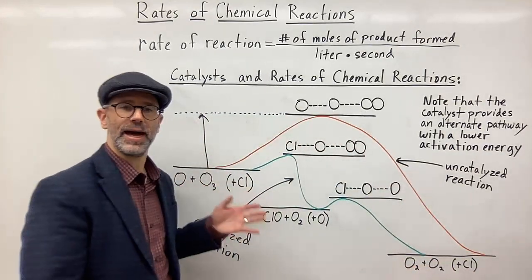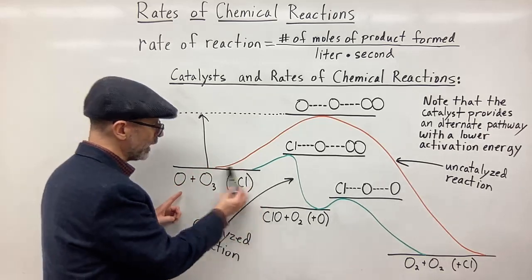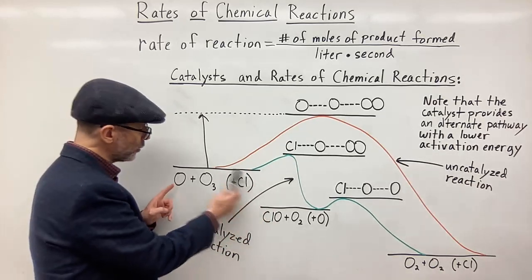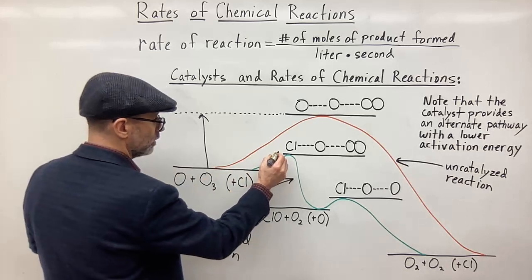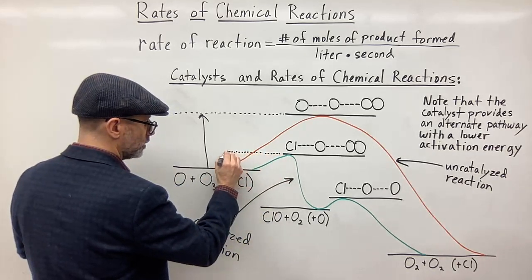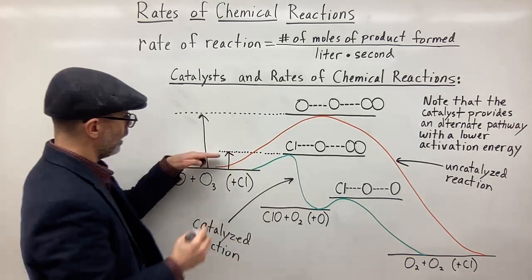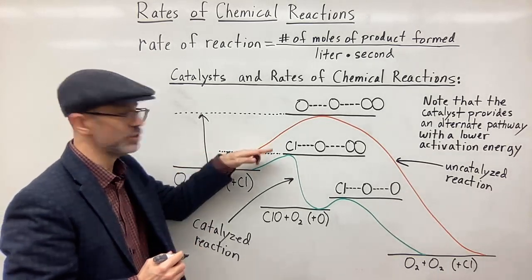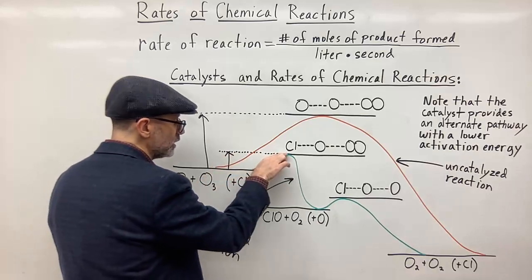But look at the catalyzed pathway. Here, if we include the chlorine, then the three of these react together. And notice here, if I bring this across, you'll see how much lower the activation energy is using the catalyst. So here you only need to go up this far.